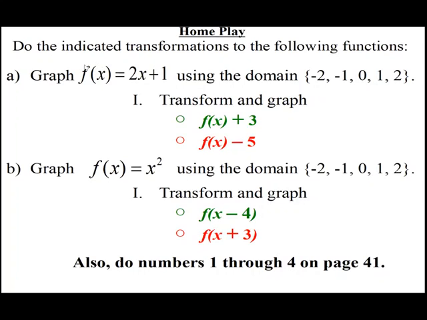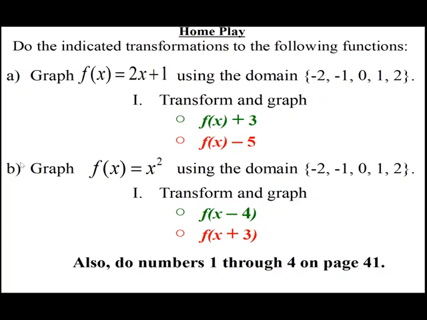Tonight's home play says do the indicated transformations to the following functions. For part A, it says graph f of x equals 2x plus 1 using the domain -2, -1, 0, 1, 2. And the transformation for that, it says transform and graph using f of x plus 3, that's in green, and f of x minus 5, that's in red.